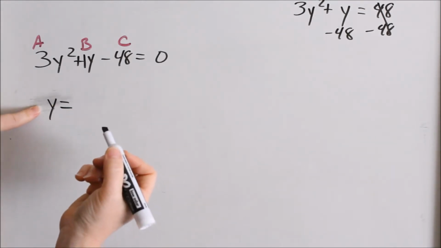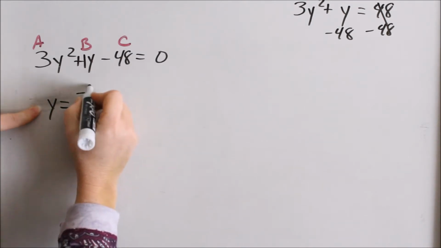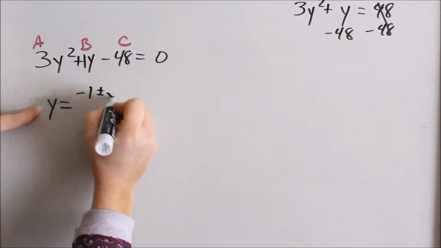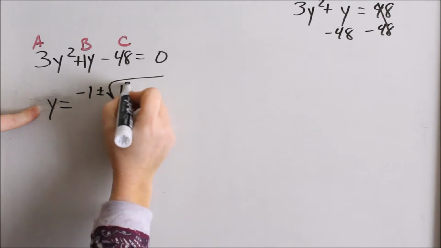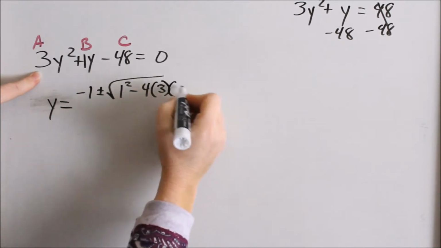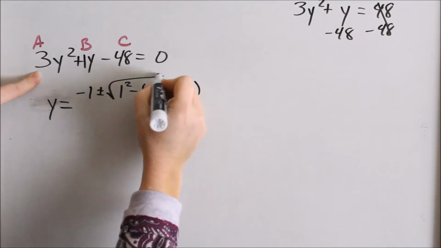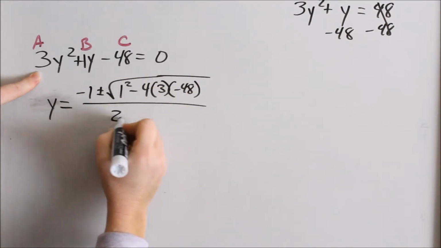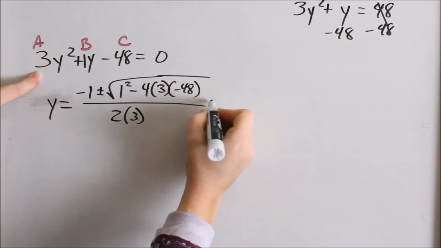So using the quadratic formula, negative b, which is negative 1, plus or minus the square root of b squared, 1 squared, minus 4 times a, and a is 3, times c, and c is negative 48, all over 2 times a, and a is 3.